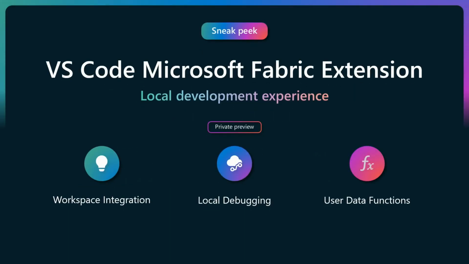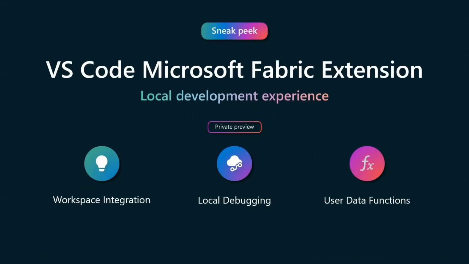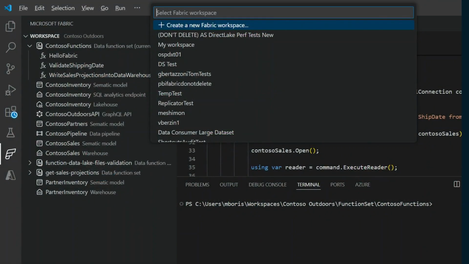Now, in terms of the local experience, what you also saw is a brand new extension for Fabric. This includes the workspaces that can now be used seamlessly within VS Code. So if you take a look at this, you can pick whichever workspace you would like to use.